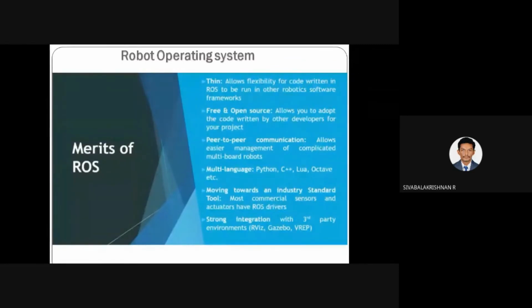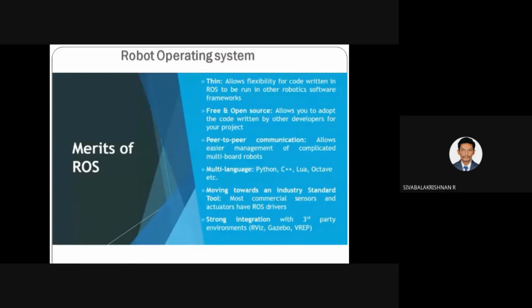If you want to develop a robot for a particular application, you can't use their own software for your modification. If you want to modify the performance of the robot, you have to develop a code. The code can be developed in any language, C++ or Python. It allows different flexibility, and you can use predefined packages.